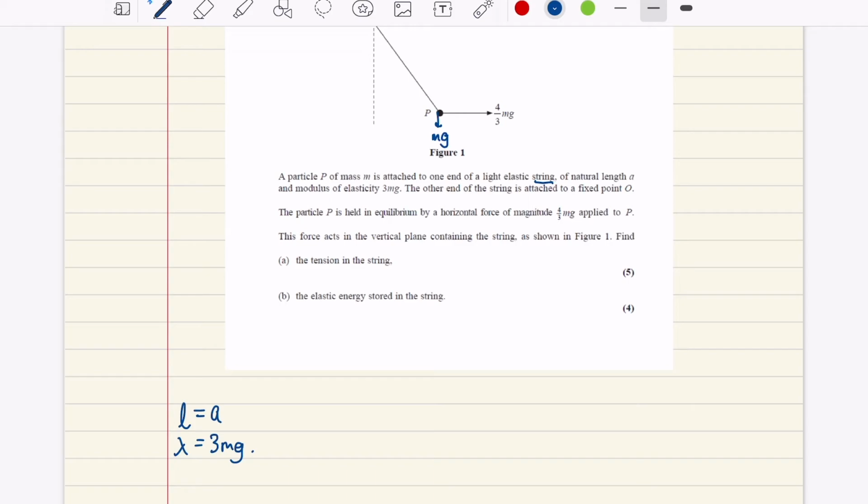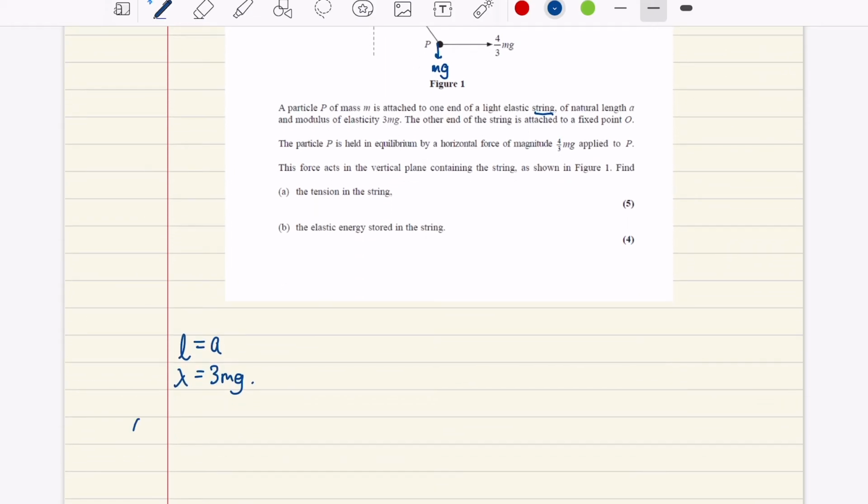The other end of the string is attached to a fixed point O. The particle P is held in equilibrium by a horizontal force of magnitude 4 over 3 mg applied to P. The force acts in the vertical plane containing the string as shown in figure 1. First, find the tension in the string.